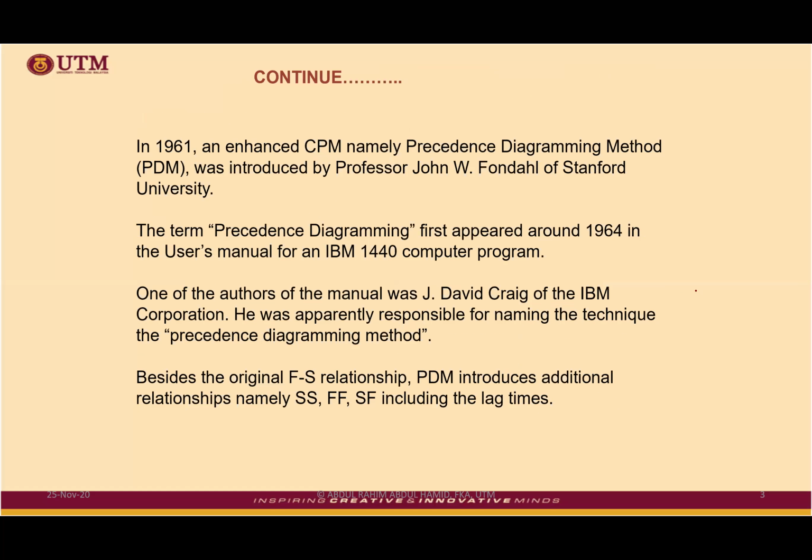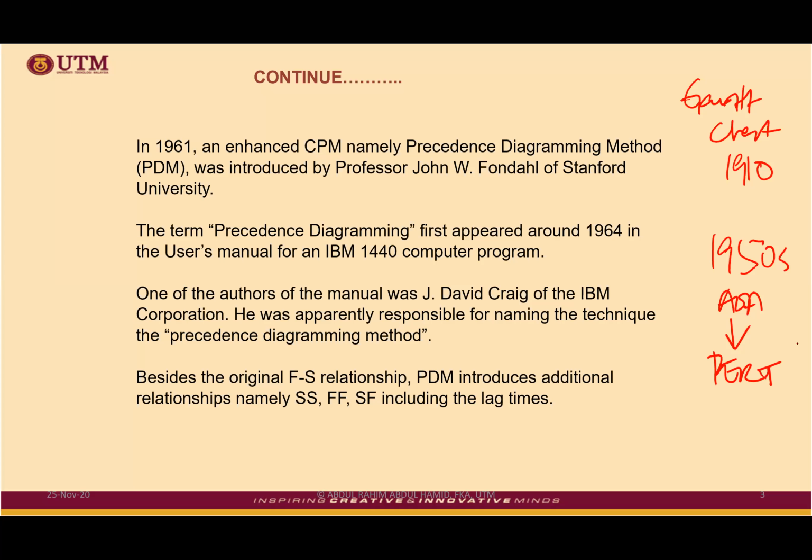As we already mentioned many times, we do have Gantt chart by Henry Gantt way back 1910, and then AOA diagram was being developed in 1950s. This is AOA diagram. Subsequently, PERT diagram was developed after that.